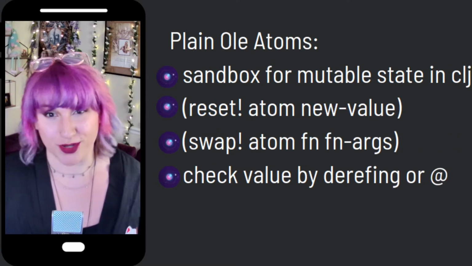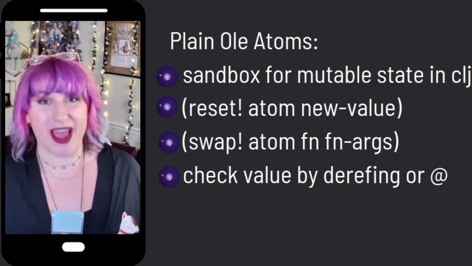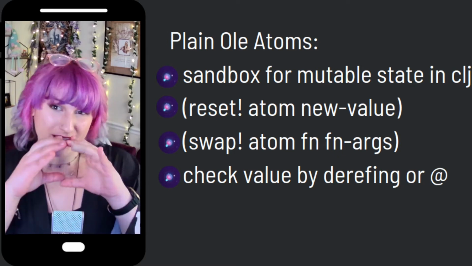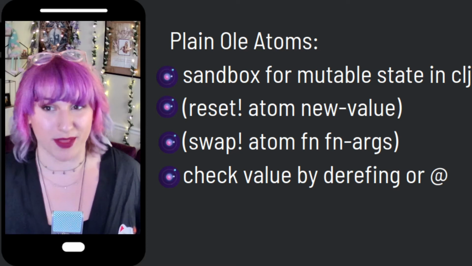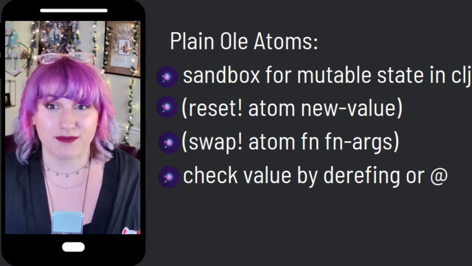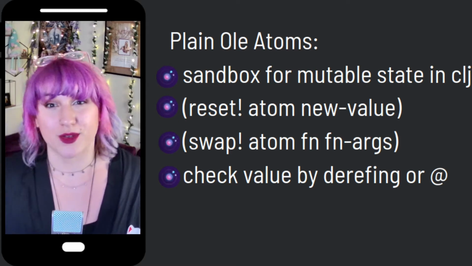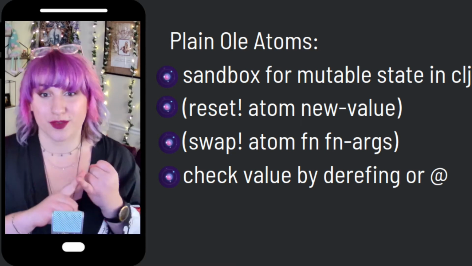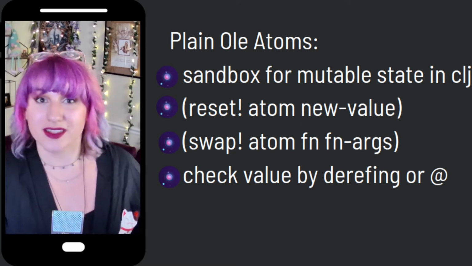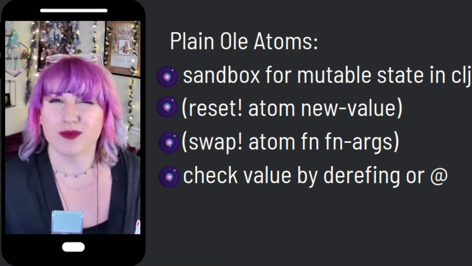So to get started, hopefully this is a review. Plain old atoms. Plain old atoms are just a nice little sandbox for immutable state in Clojure applications. Typically, you will see them declared in a namespace. You can use functions such as reset! and swap! to change the inside of the atom, and swap! is used more commonly.